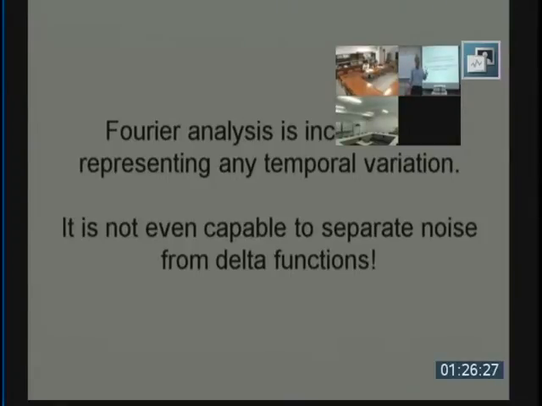For example, I said that a delta function is white. Suppose in this room I turn everything off and I play with the switch. I switch it on and off once, and I get one flash. It's a delta function. What's the spectrum? White. How can you tell this white spectrum is a delta function? I give you all the phase. The phase is locked at that particular point. But at the very beginning of time, the phase is already determined.